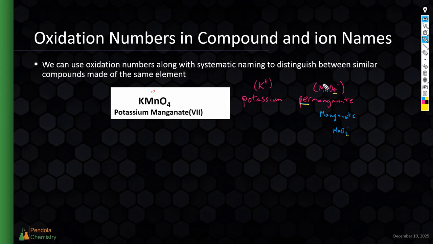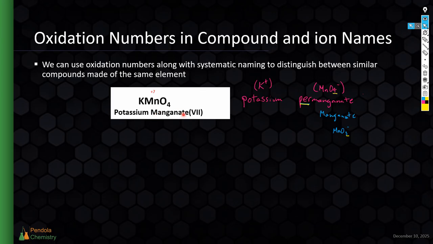So the manganate family, which is a manganese with oxygen combination, can also simply be named by the oxidation number of the manganese in the manganate. So potassium manganate 7 and potassium permanganate are just two alternative names for the same compound because permanganate and manganate 7 are two alternative names for the MnO4 minus ion.